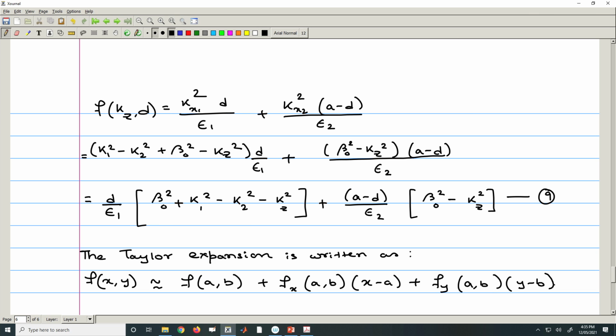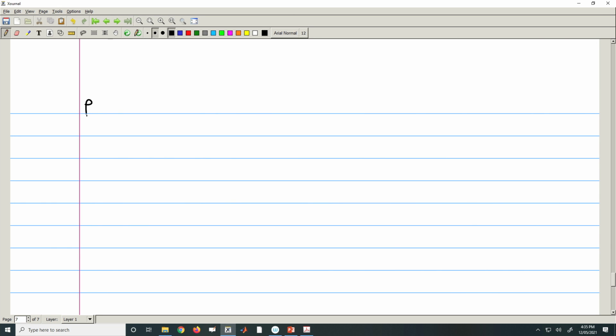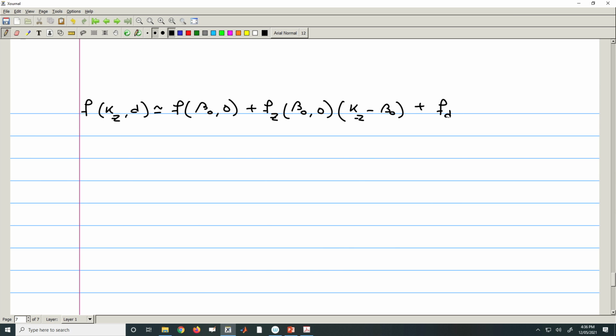Now, in this general formula we will place, and then we will have f(kz, d) can be written as f(beta naught, 0) plus f_z(beta naught, 0)(kz minus beta naught) plus f_d(beta naught, 0) d.